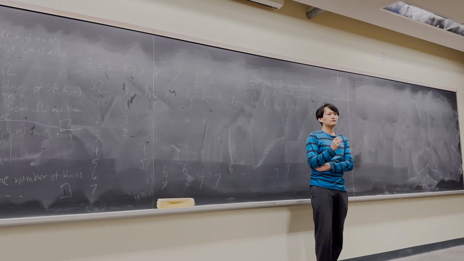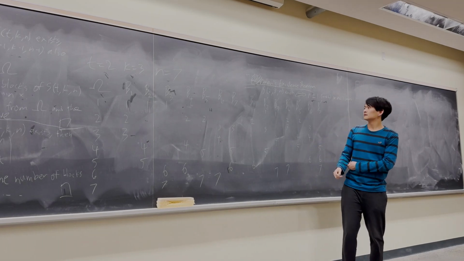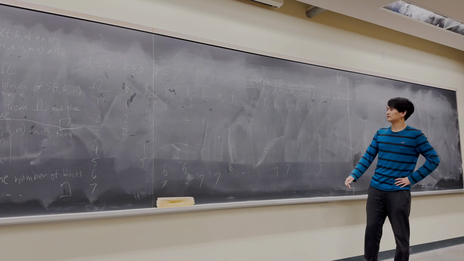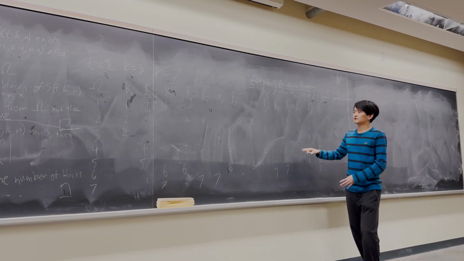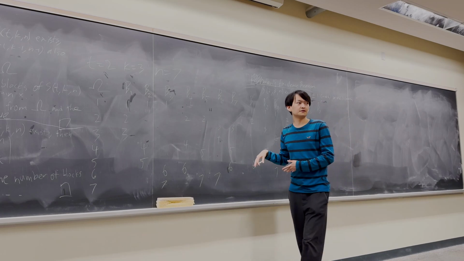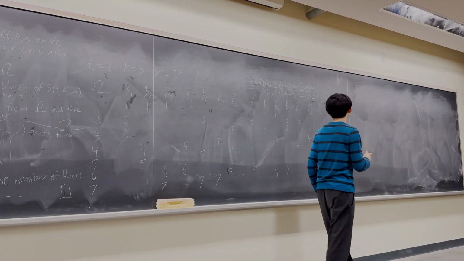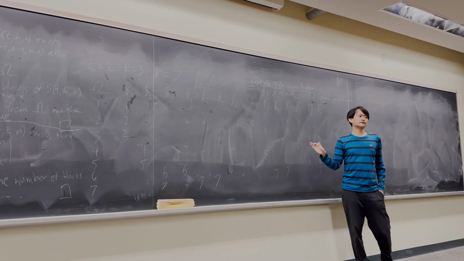So we could just relabel the elements. What if there's a way to relabel these numbers so that once you rearrange it with the new labels, it looks exactly like this? If that is the case, then we would call these two Steiner systems isomorphic.